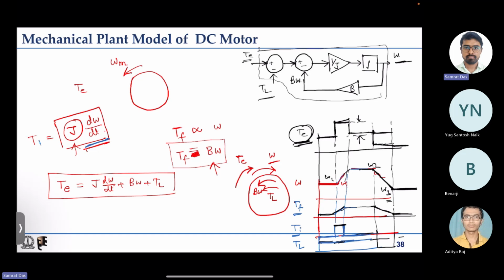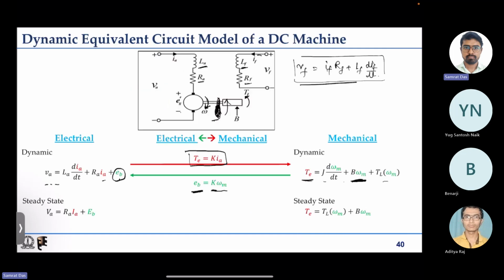So this is how this field circuit decides what will be the gain given by this electromechanical energy conversion system.